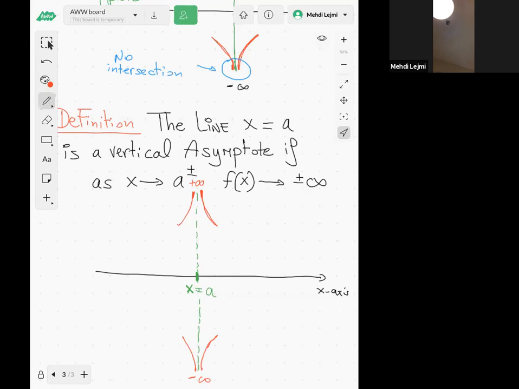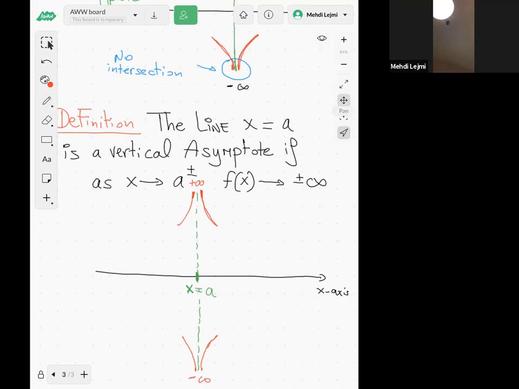Now the big question, I guess, is how do you find a vertical asymptote? I have some random rational function. It's very easy. It's just the solutions of the denominator equal to 0.